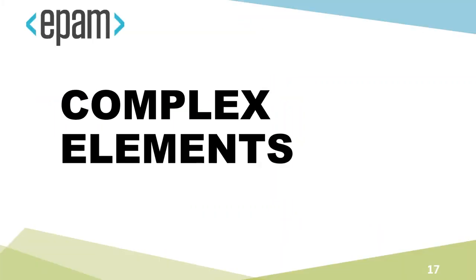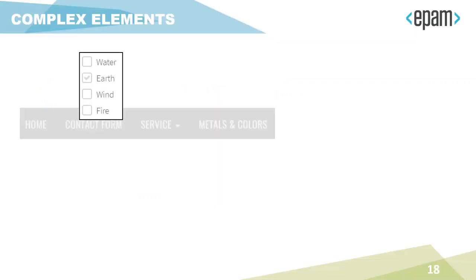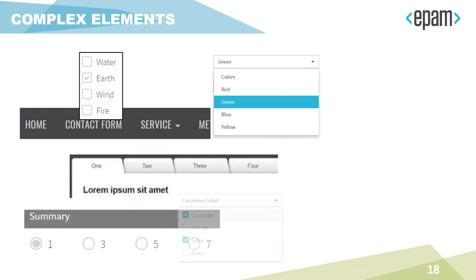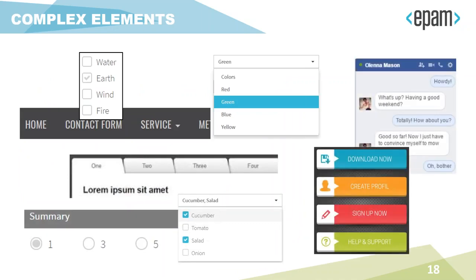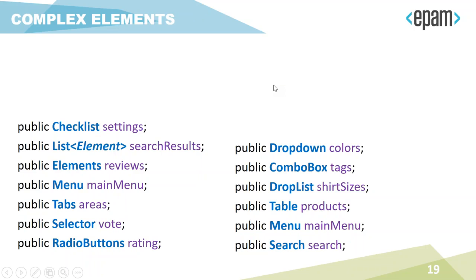Okay, let's talk about more complex cases, complex elements. We have complex elements like some kind of checklists, menus, radio buttons, charts, or lists of buttons, multi-selectors you can see here. And we can combine the complex elements into two groups.